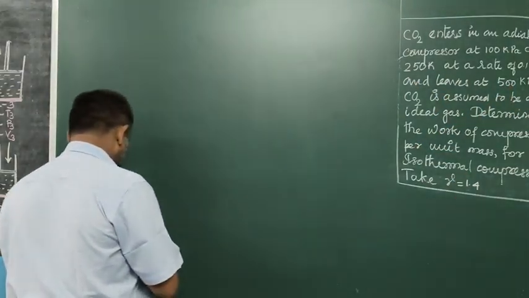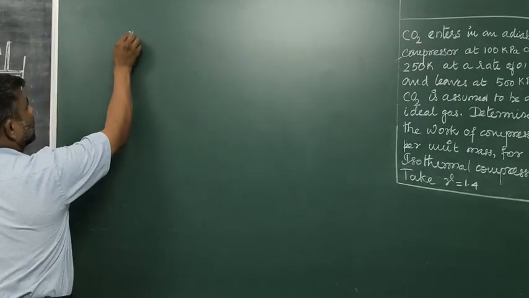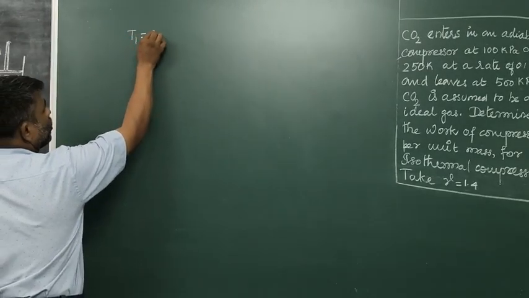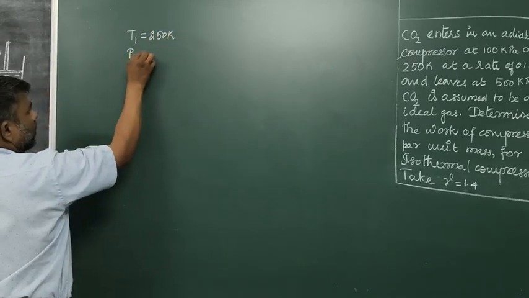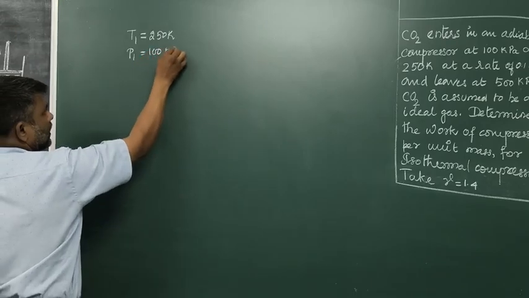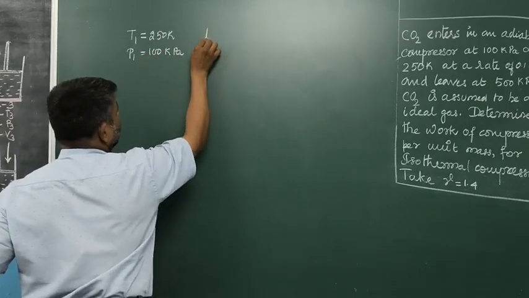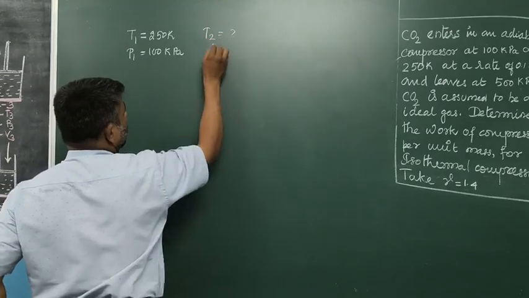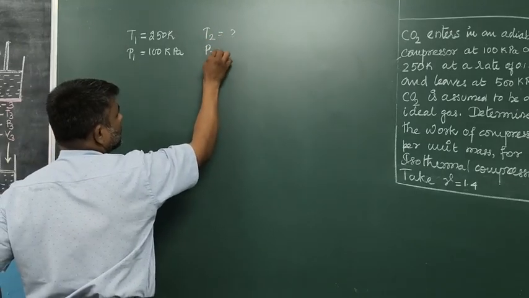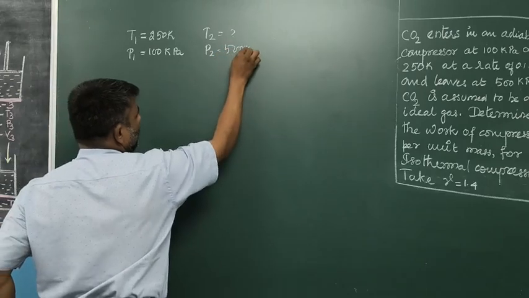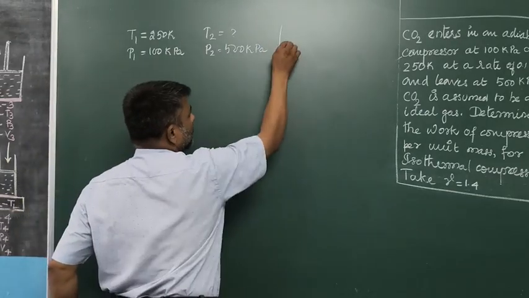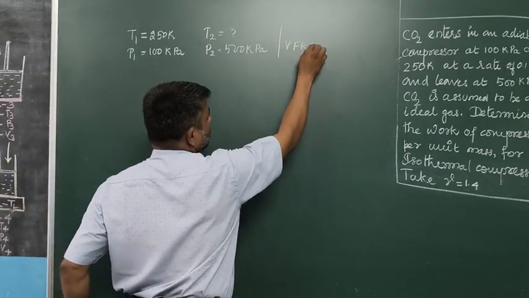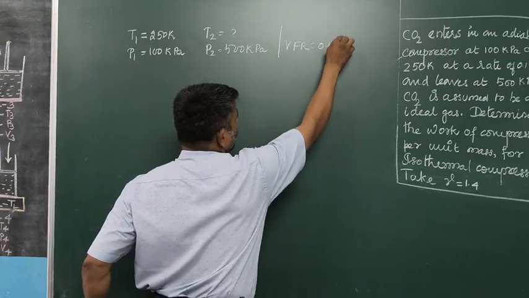So initial condition temperature T1 is equal to 250 degree Kelvin and initial pressure P1 is equal to 100 kilopascal. Similarly, T2 is not given and P2, final pressure, is equal to 500 kilopascal. Volumetric flow rate VFR is given 0.1 meter cube per second.